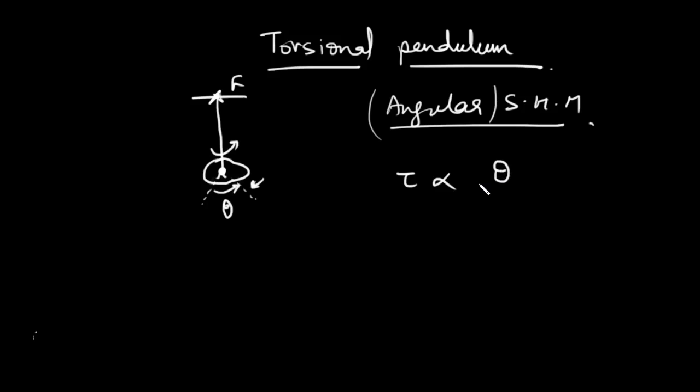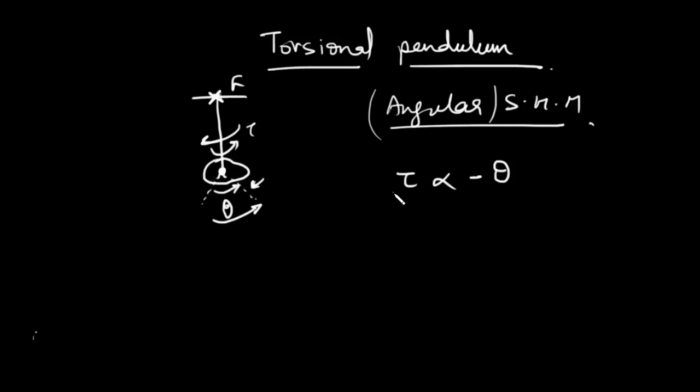Okay, since the torque is exerted in the opposite direction, or we can say the angular displacement is in the opposite direction of the torque, because angular displacement is, for example, in the anti-clockwise direction over here, but the wire will exert the torque in the clockwise direction, because it is a restoring torque. It has to bring the torsion back.